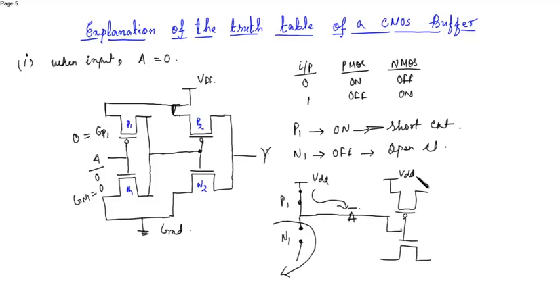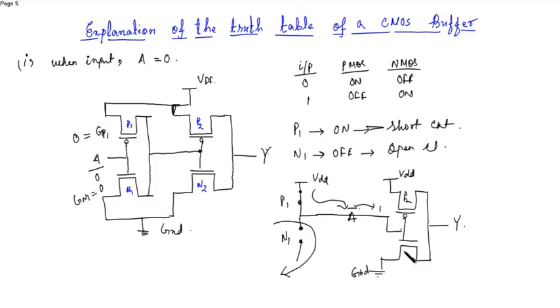This is VDD, this is ground, this is output Y. So VDD means 1.